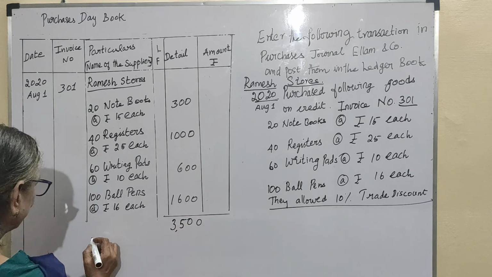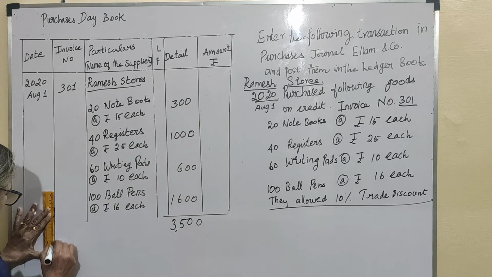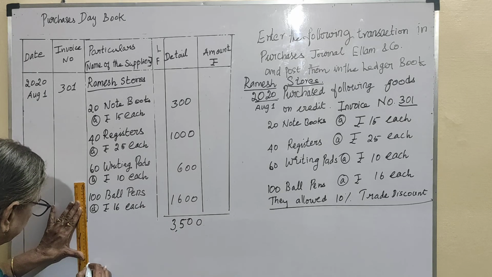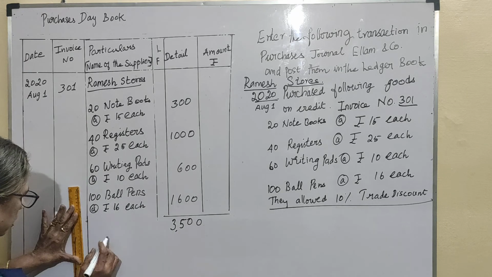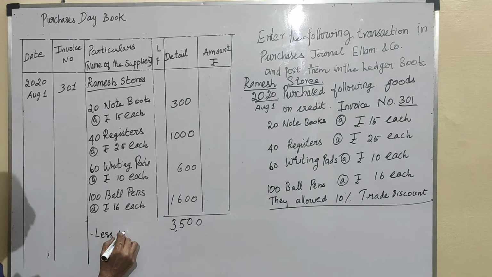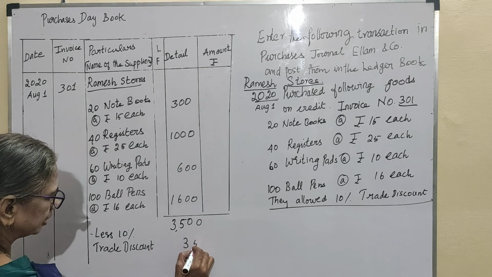3,500. Now from this we are going to enter the trade discount, 10% trade discount. 10% is 350.